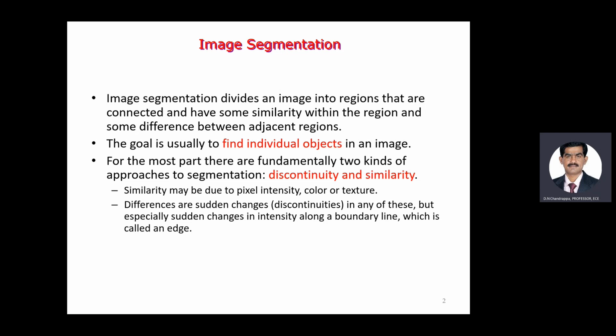There are fundamentally two kinds of approaches to segmentation: discontinuity and similarity approaches. Similarity may be due to pixel intensity, color, or texture. The differences are sudden changes in any of these, especially sudden changes in intensity along boundary lines, which is called an edge.